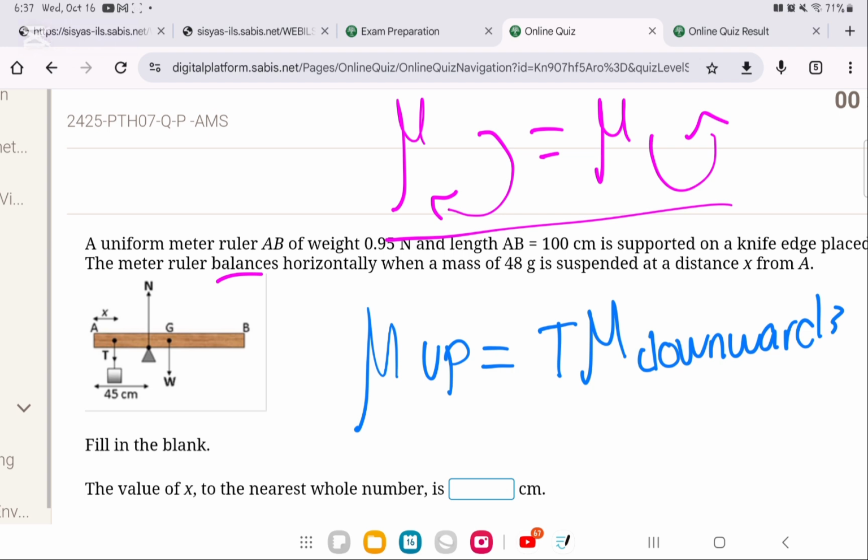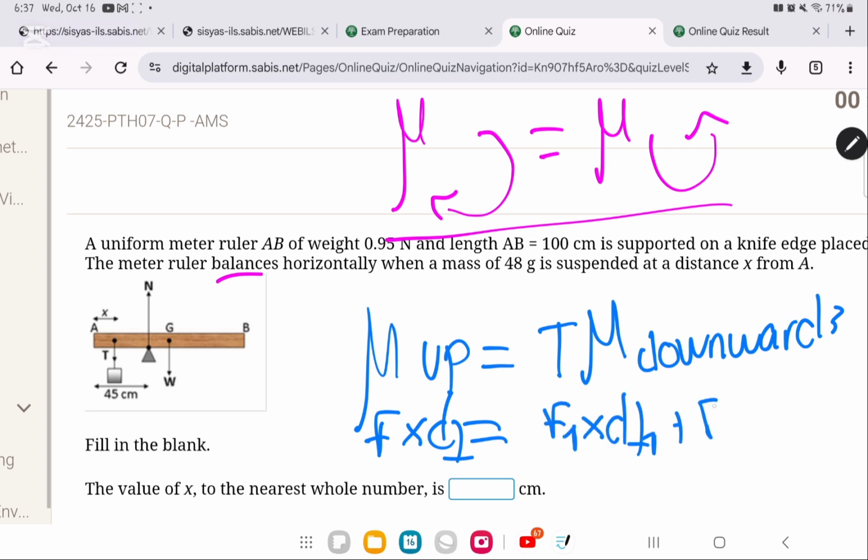We know that the moment is force times perpendicular distance. It will be equal to force 1 times perpendicular distance 1 plus force 2 times perpendicular distance 2. Now, question. We know that N is 1.43 newtons. Yes, so we can substitute here. 1.43 newtons multiplied by the perpendicular distance from what?